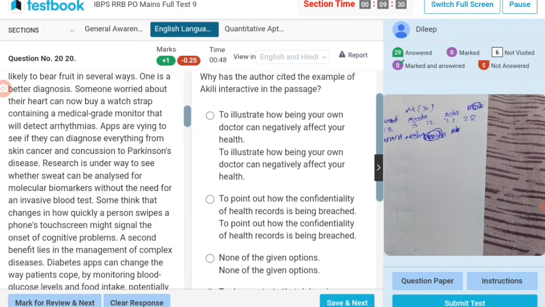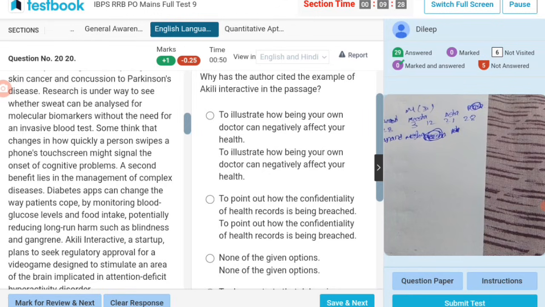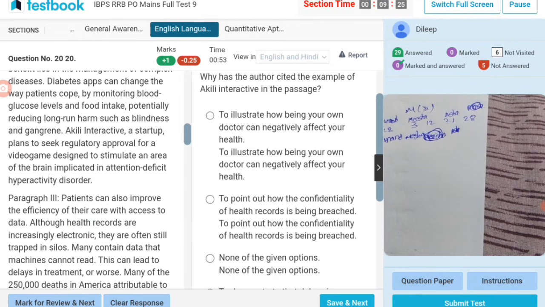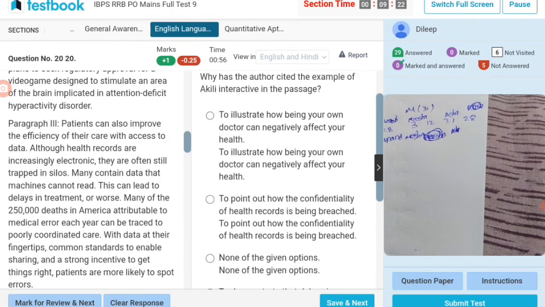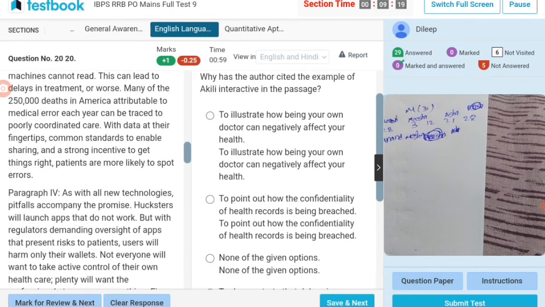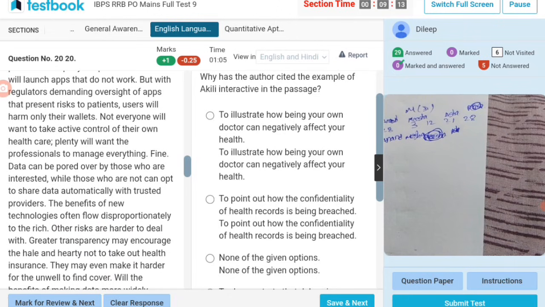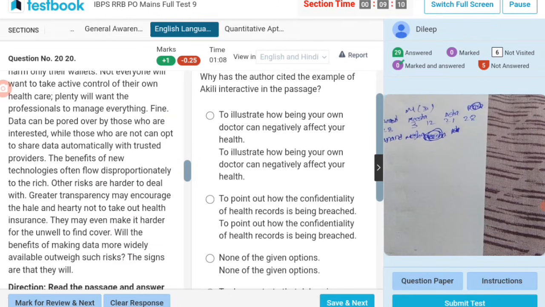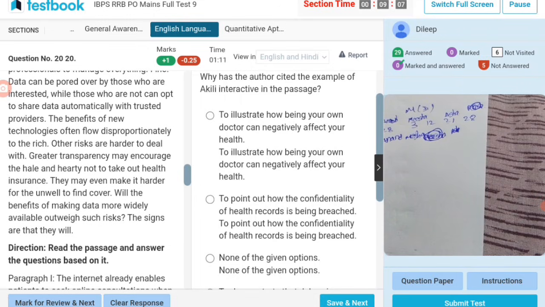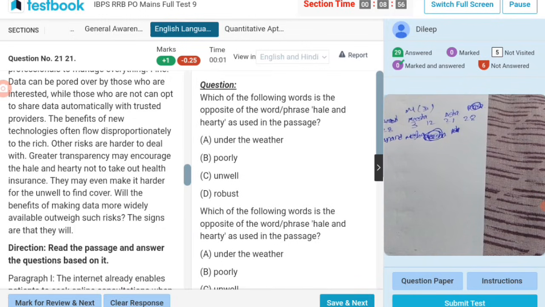And as we analyzed, stage launch, but regulators demanding, not everyone. Greater transparency. Next, we have the following: find the word opposite to the phrase hale and hearty.